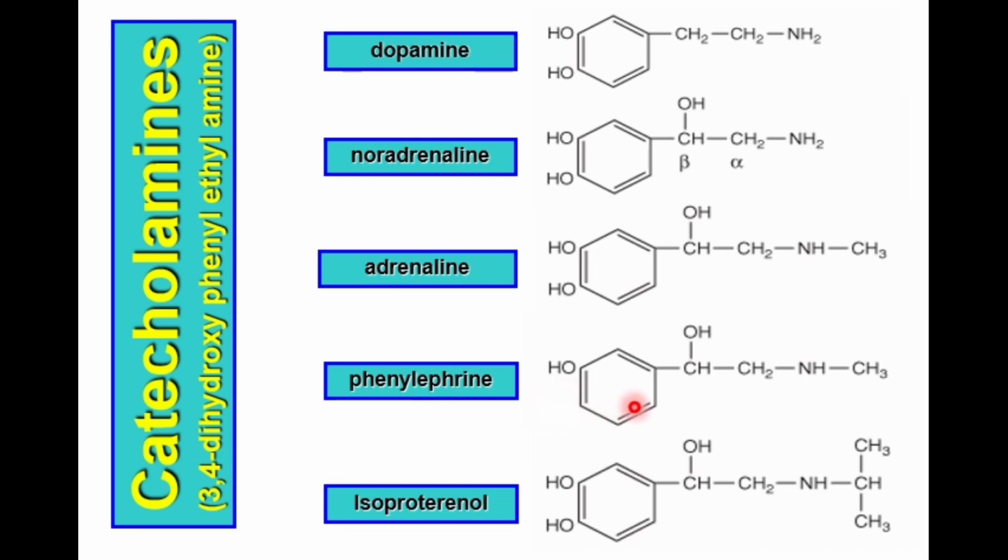Provided that excessive drug concentration is avoided, phenylephrine activates alpha adrenoreceptors. Isoproterenol, called isoprenaline in England, in comparison with adrenaline, has two extra methyl groups at this site. Increasing the size of the substituent on the nitrogen atom increases selectivity for beta adrenoreceptors.